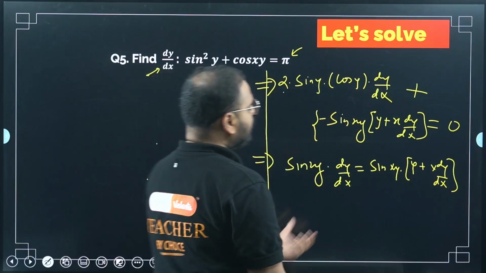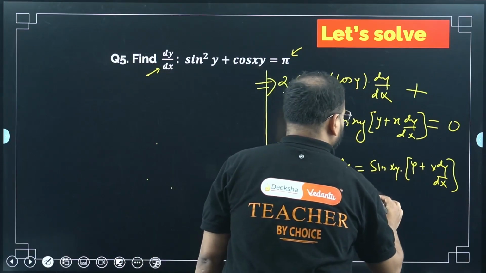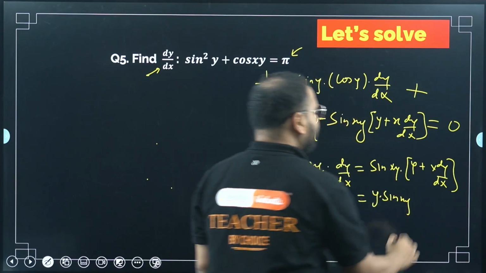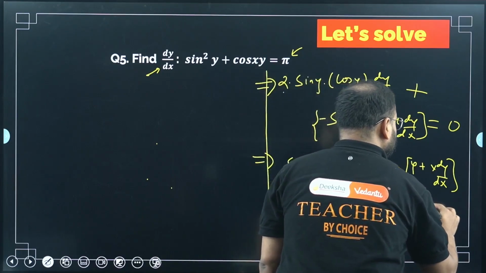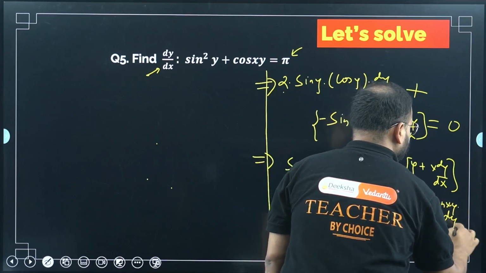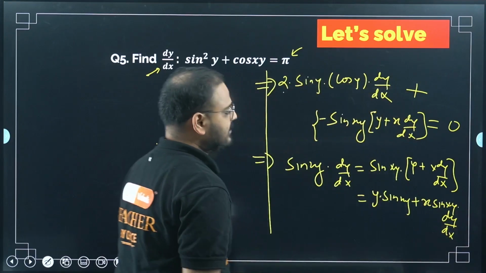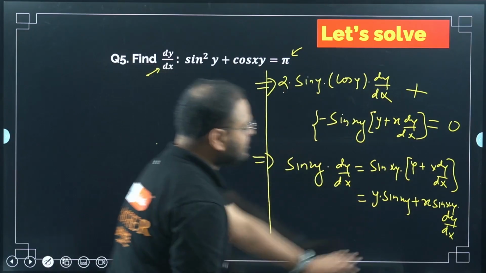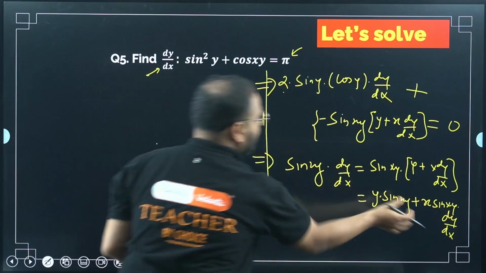Yes sir. Okay, now do one thing, do the expansion over here. You'll get y sine xy, and then what you're gonna get? x sine xy dy by dx, because you multiply sine xy to the x dy by dx. So like that. Now bring this term over here. What are you gonna get?